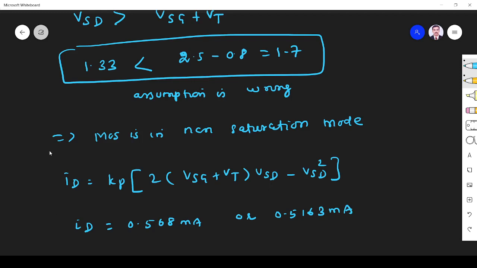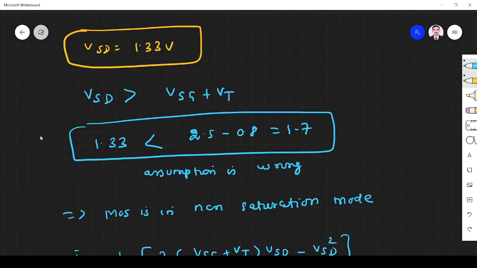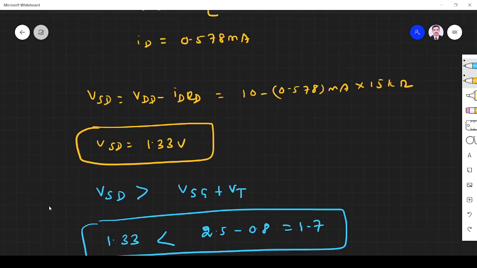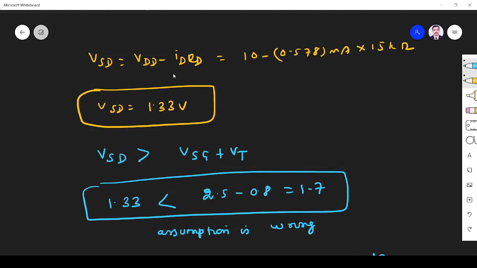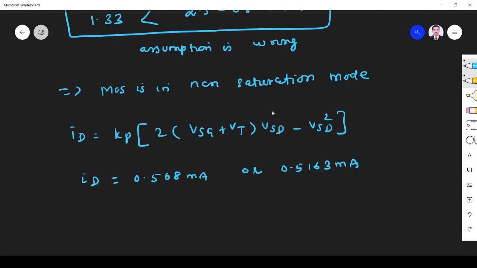Okay, so next we have to simplify this, right? We should not substitute the ID value here. Instead, VDD we know, RD we know, ID we don't know. So instead of VSD, we substitute VSD is nothing but VDD minus ID RD.